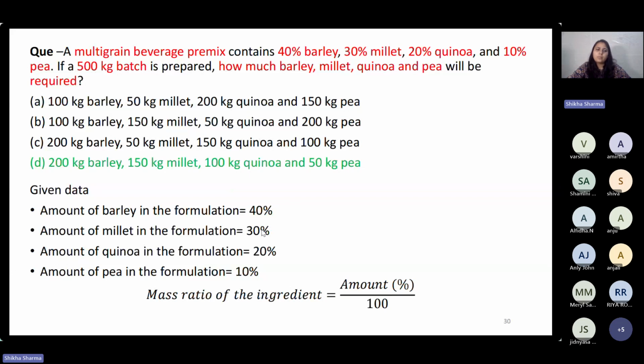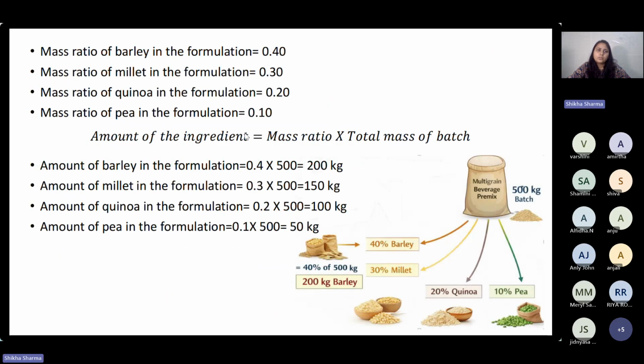As we know, the amount of barley is 40% in the formulation, millet is 30%, quinoa is 20%, and pea is 10%. The mass ratio of an ingredient is equal to its percentage divided by 100. So the mass ratio of barley in the formulation will be 40 divided by 100, which is 0.4.